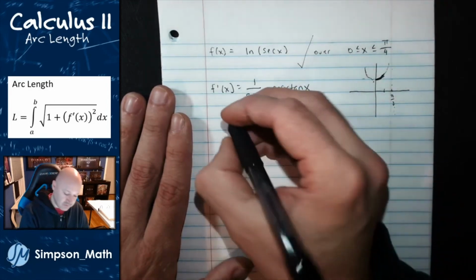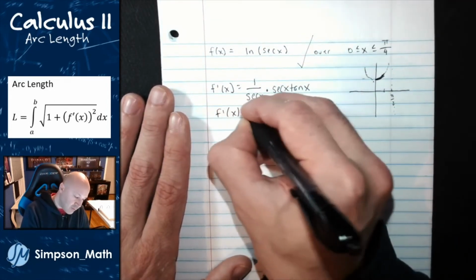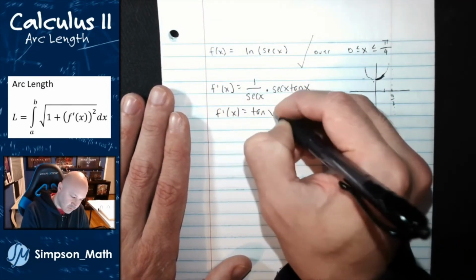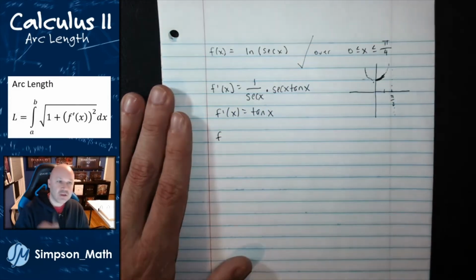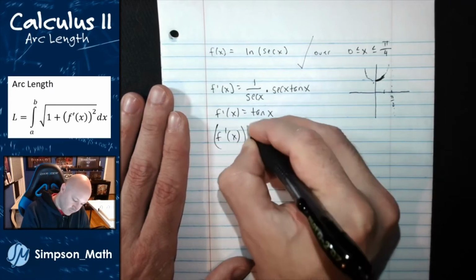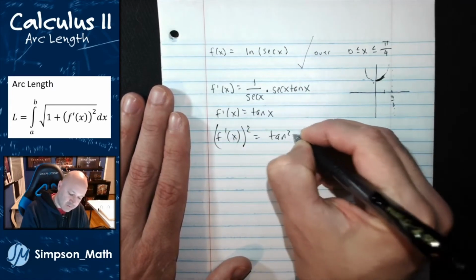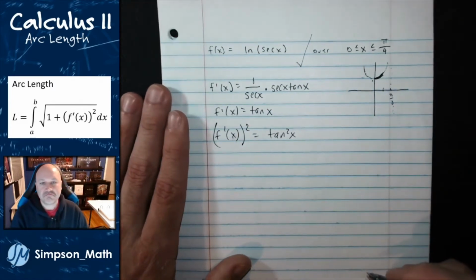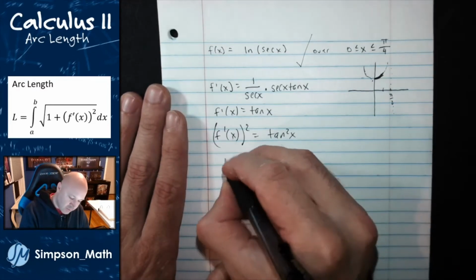Well, the secant's reduced. F prime of x is tangent. And then I need that value squared. So I'm talking about tan squared. Okay, I think I'm ready for the formula.